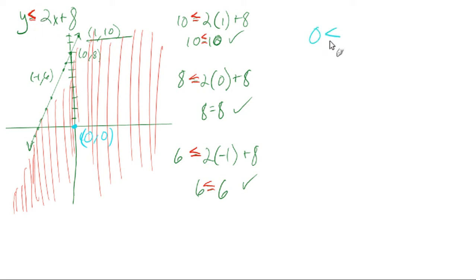So 0 should be less than or equal to 2 times 0 plus 8. So is 0 less than 8? Yes, it is. So this is a solution. And everything below this line will be a solution because everything below this line is a y value that's less than this line. For all intents and purposes, we could say that this is the line.